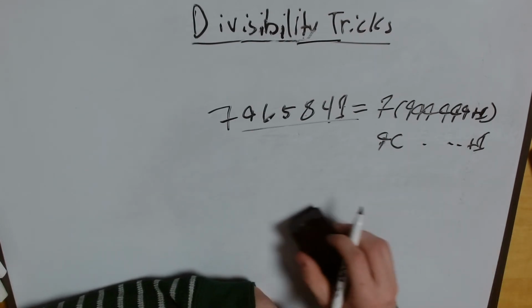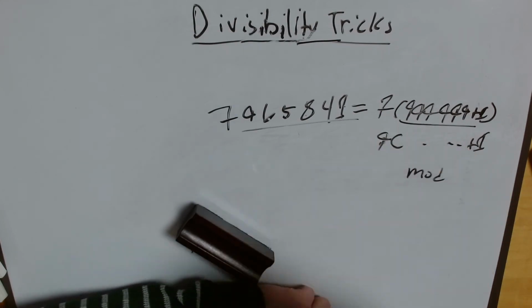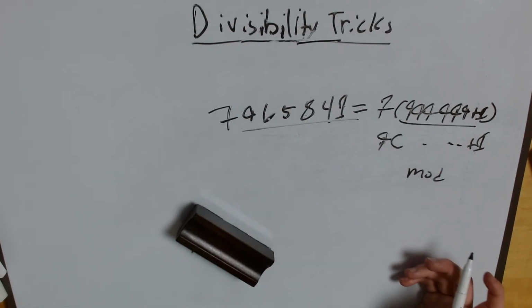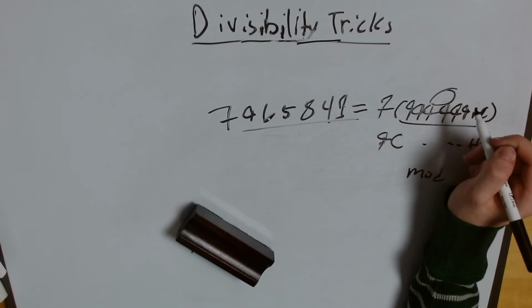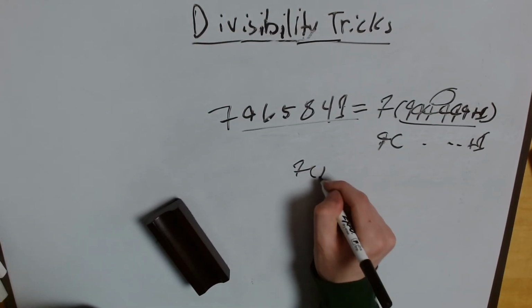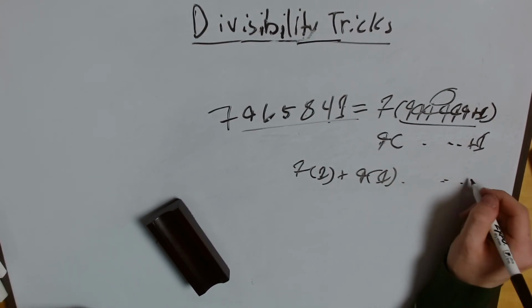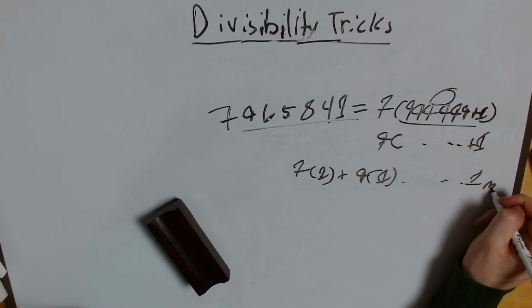Well, if I mod it out by 9, right, all of these big 9s would just vanish, because they are divisible by 9, so they just become 0. So what I'd be left with is 7 times 1 plus 9 times 1 plus so on and so forth until I get to 1, all mod 9.